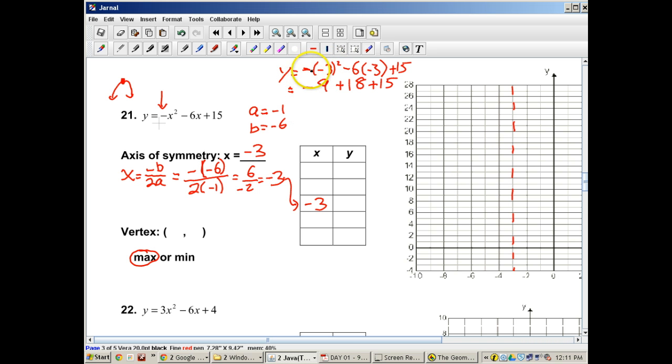You're doing multiplying before the exponent. That's an issue. Exponent, then multiplied by the negative. Okay? So we have 18 minus 9 is 9. 9 plus 15 is 24. And that fits. So our vertex is negative 3, 24.